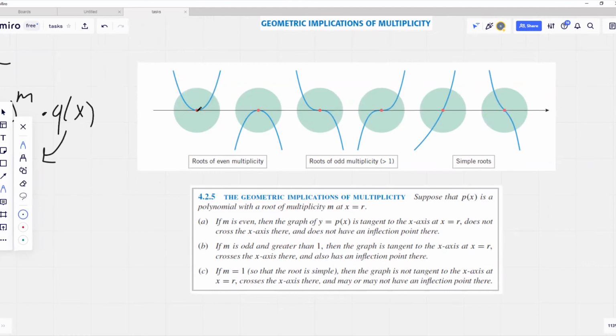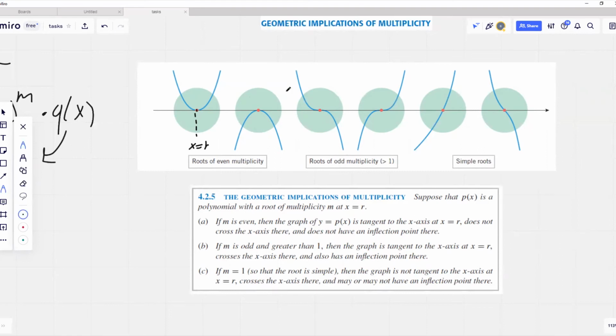Well, it intersects it once at that root x equals r, but doesn't cross it. Also, the x-axis is tangent to our polynomial. So basically, the x-axis works as a tangent line to our polynomial at the point x equals r. And as we can see here, concavity doesn't change over that root, and we don't have an inflection point here.